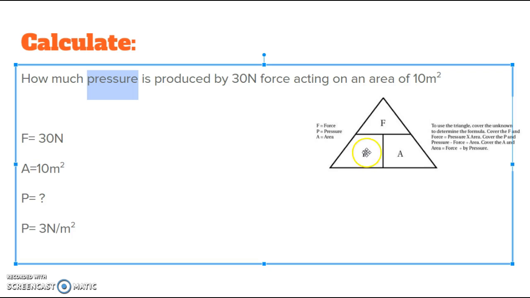So we're going to cover up that P and see that our force and area are given. We're going to use force divided by area, since the F is on top of the A. So our answer of 30 divided by 10 is going to be 3 newtons per meter squared. Make sure that you keep track of those units. And that is the calculation for pressure.